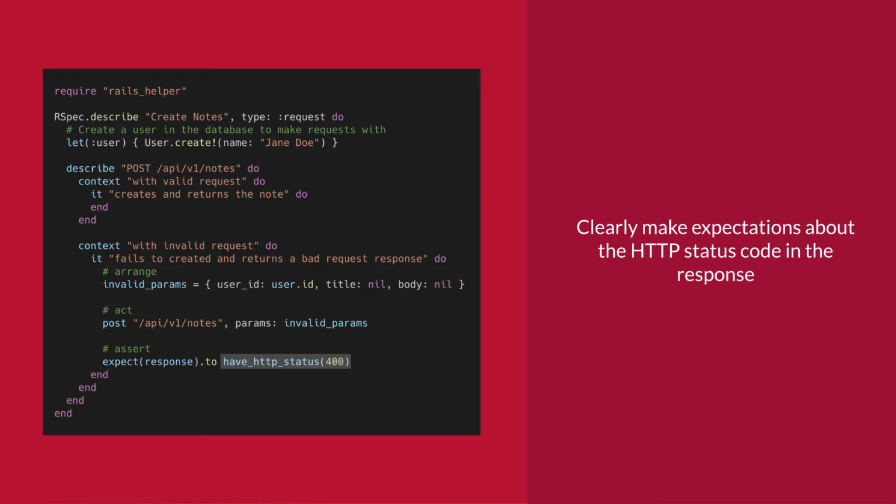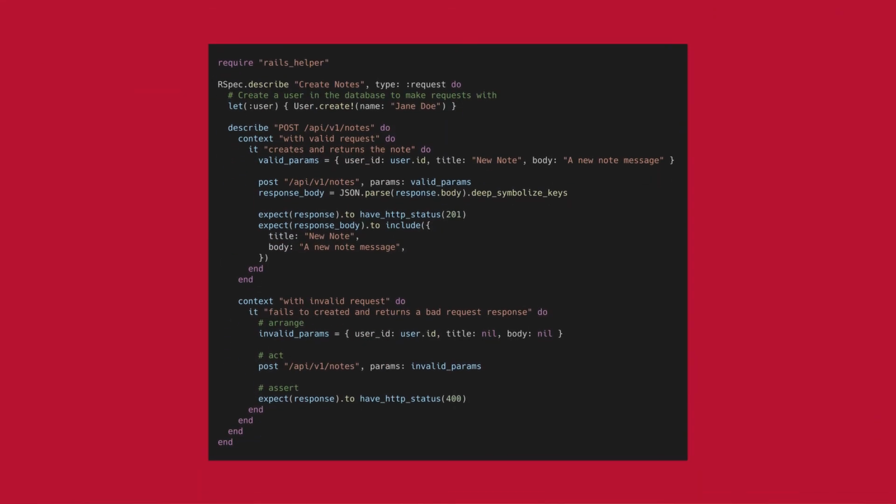Next, we're going to write a similar spec for the valid request. In this request, we want to specify what we expect to be in the response body in addition to the status code. The response body in our API is a JSON string, so first we'll parse that and convert all the keys to symbols. This is a personal preference. We could leave them as strings. Now that we have a parsed response body, the response_body variable, we can make expectations on that object.